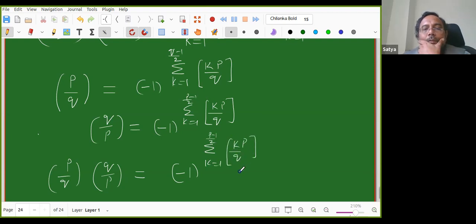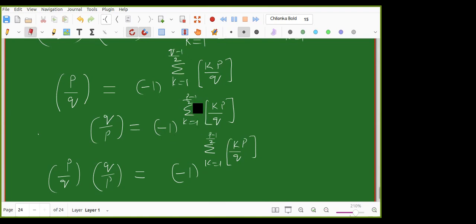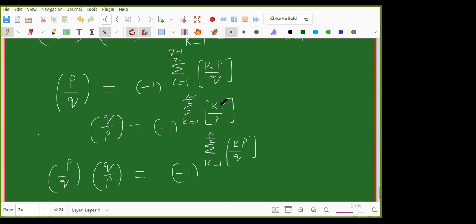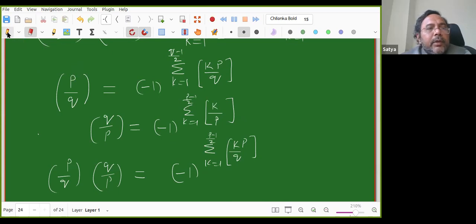I made a mistake, I'll change that. Here it is (q-1)/2, and here it is p. No problem. This is p here, and here q. That is good. Sometimes it helps us.